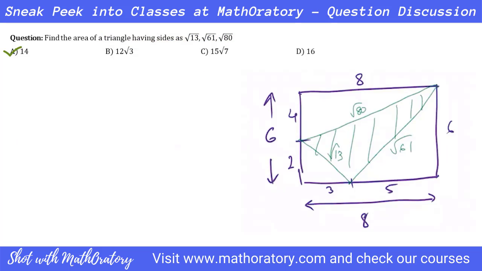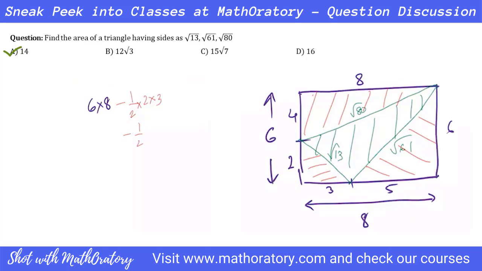And what will be the area of this triangle? The rectangle's area minus this triangle, and this triangle. Now, what is the area of the rectangle? Simply 6 into 8. And let us subtract the three triangles. One of the triangles has sides 2 and 3. So minus half into 2 into 3. One of the triangles has sides 4 and 8.